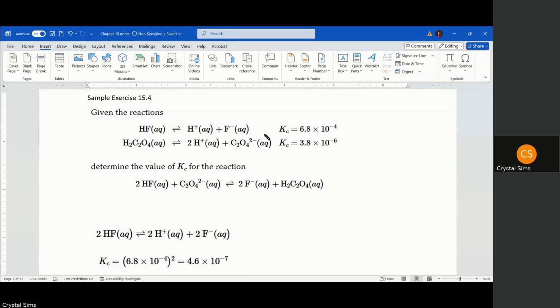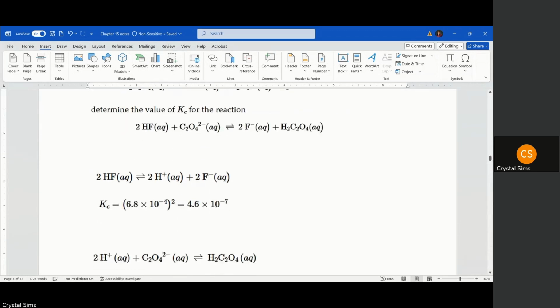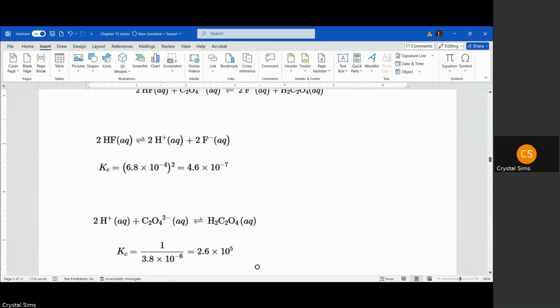So we're going to put 1 over 3.8 times 10 to the negative 6, because remember, the expression is the reciprocal when we go in the reverse direction. And again, that is what we'll do. We will reverse that reaction and say 1 divided by 3.8 times 10 to the negative 6. That gives us 2.6 times 10 to the 5.